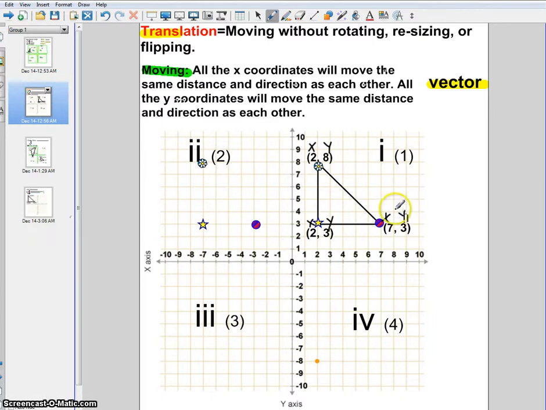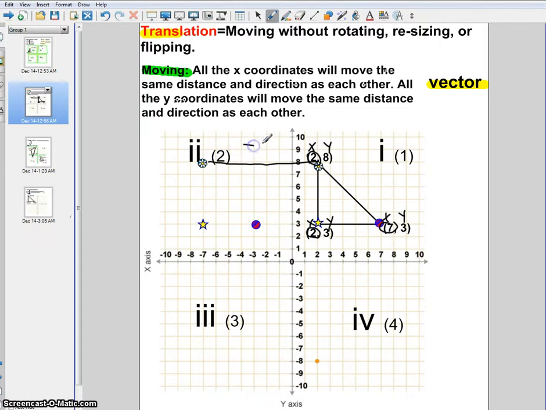So, in order to translate this figure, all of the x-coordinates would have to move the same distance. For example, this x-coordinate, when it moves from here to here, has to move 1, 2, 3, 4, 5, 6, 7, 8, 9 units.